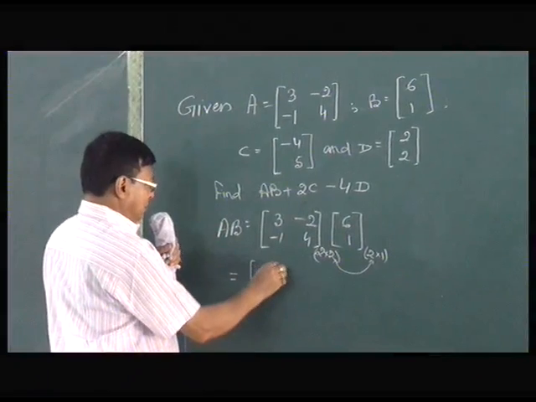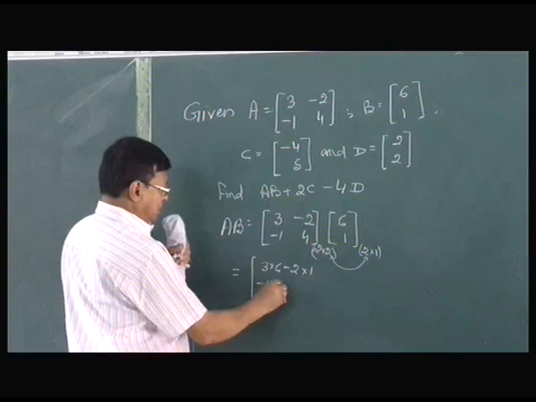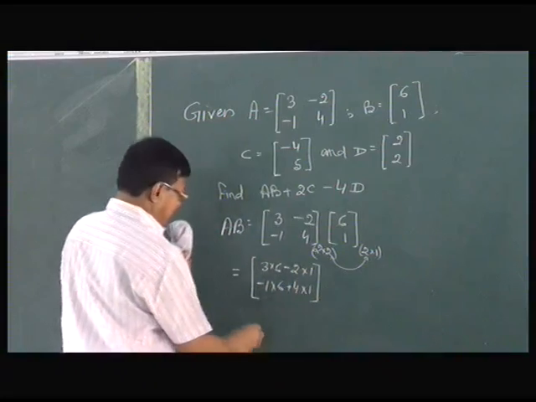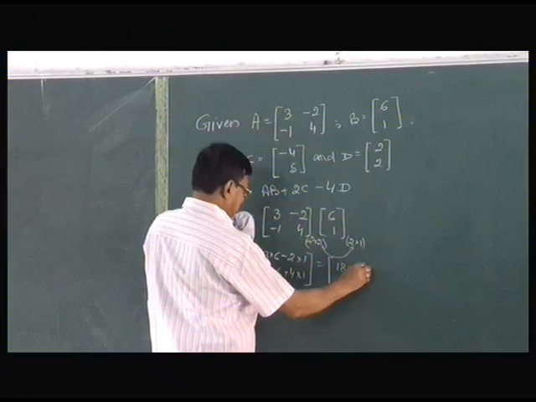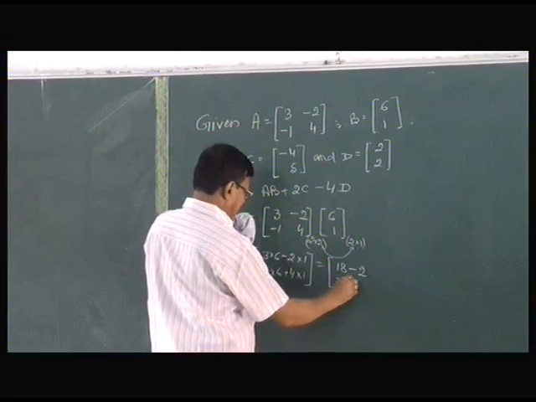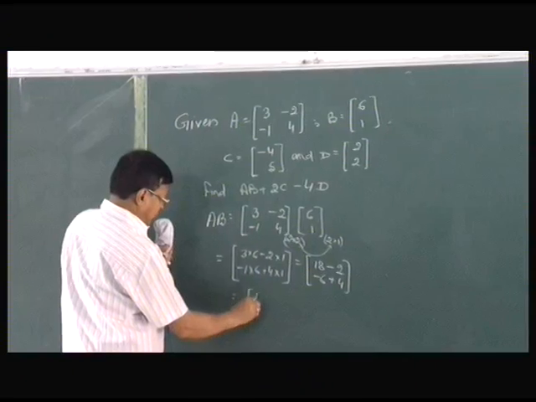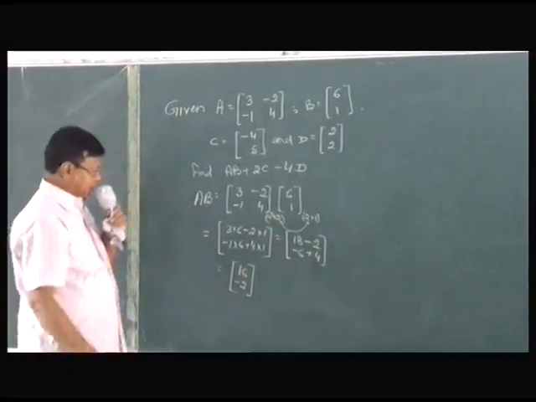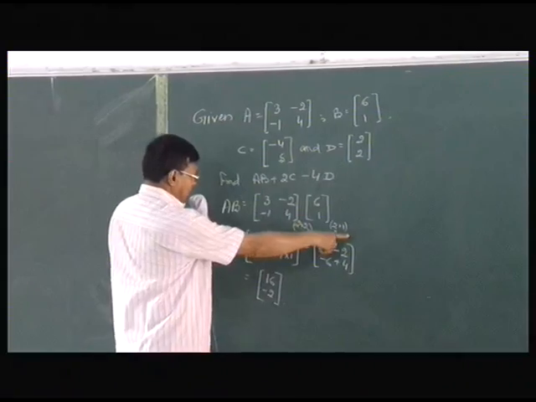So 3 into 6 minus 2 into 1, minus 1 into 6 plus 4 into 1. So this is it. Check the order. It's rows of A, columns of B.